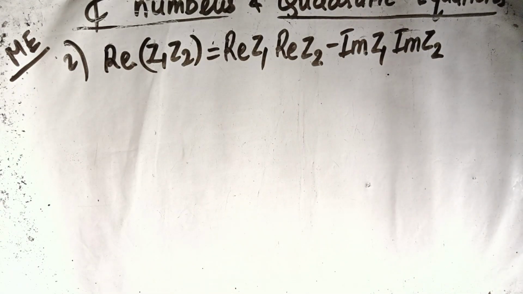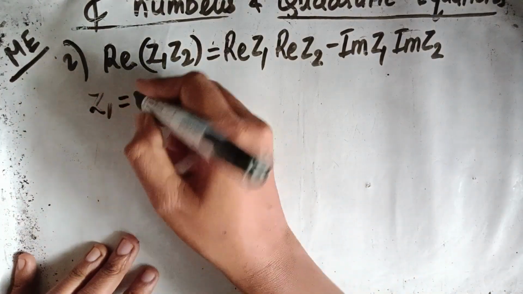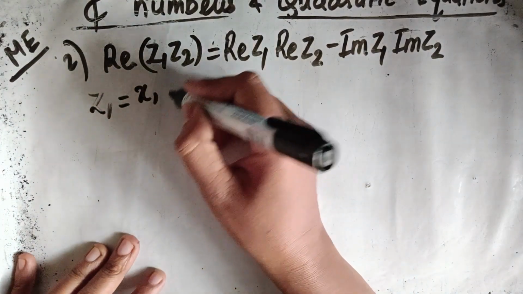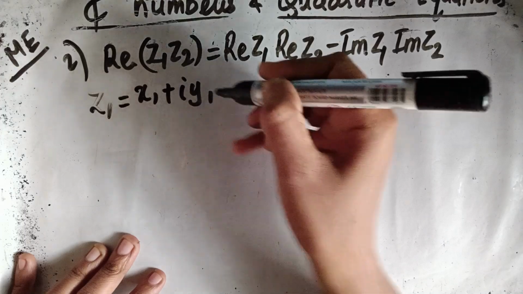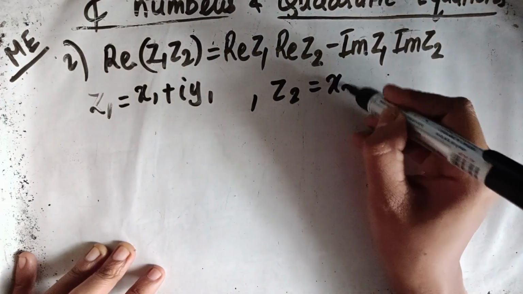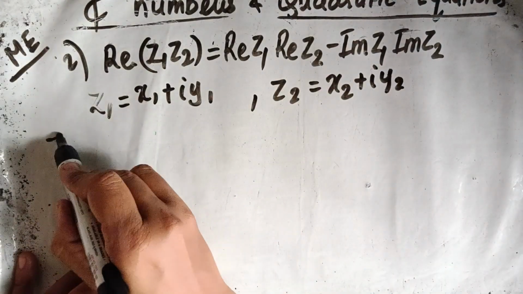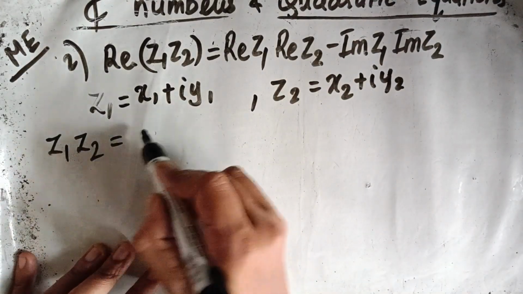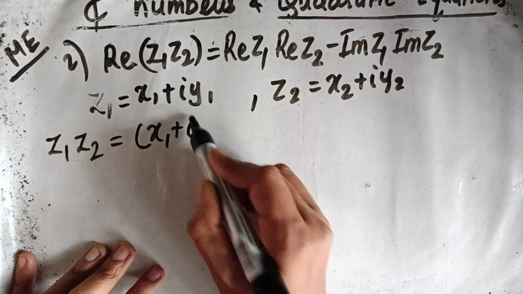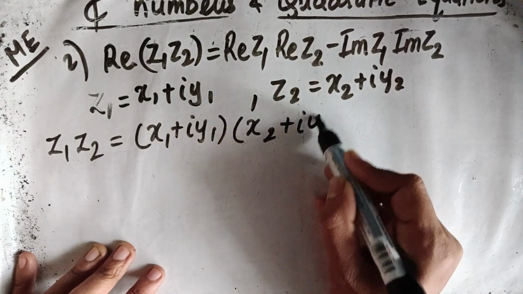Okay. So taking Z1 as x1 plus I y1 and Z2 as x2 plus I y2. Okay. So Z1 into Z2 is x1 plus I y1 into x2 plus I y2.